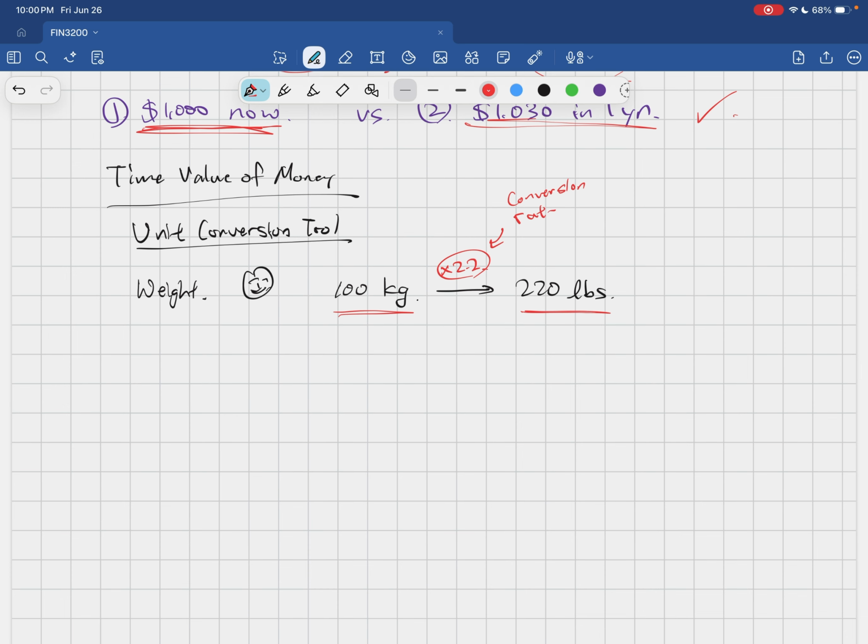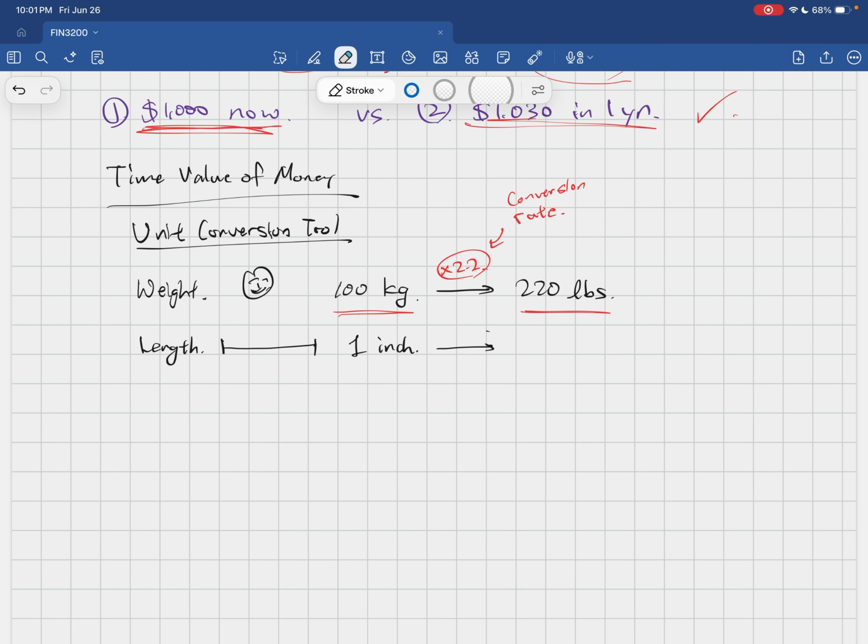The same thing applies to length. Suppose that we're trying to measure something that's this long. I will say it's 1 inch in the US. For the rest of the world, we multiply this by about 2.54 to express the same length in centimeters.